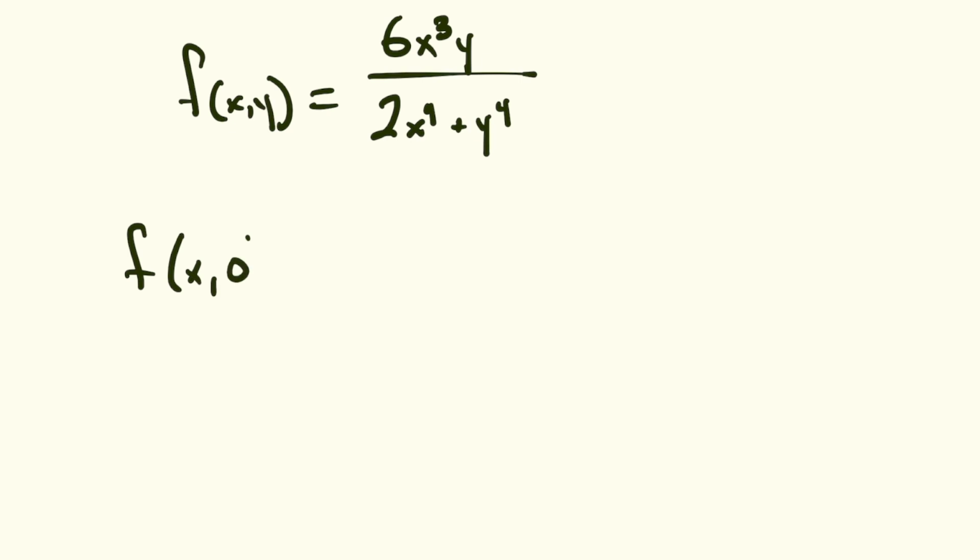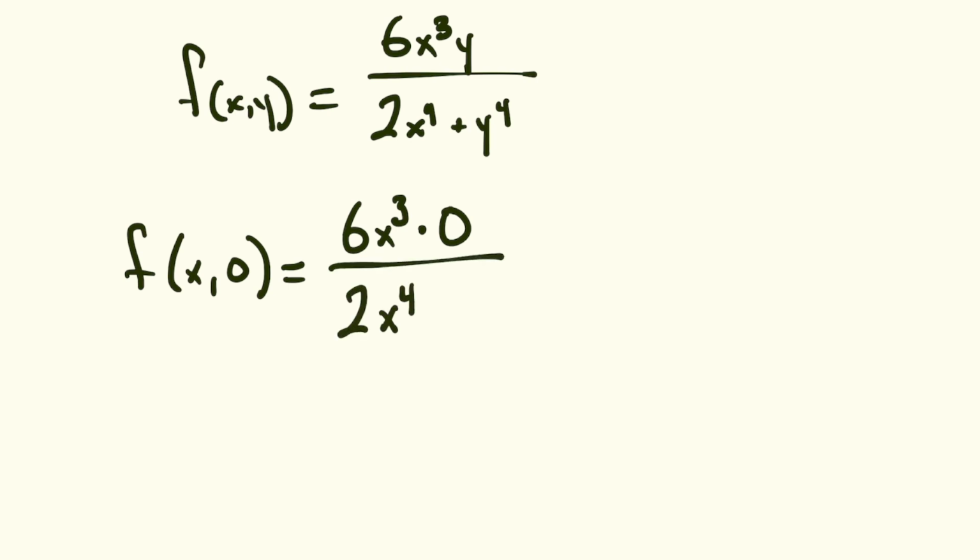So let's assume we are on the line. We're going to fix our y value at 0, and we're going to let x vary at this point. And then we're going to bring x to 0 and see what happens. So let's start off with plugging in a 0 everywhere we see a y. So 2x to the fourth plus 0 to the fourth.